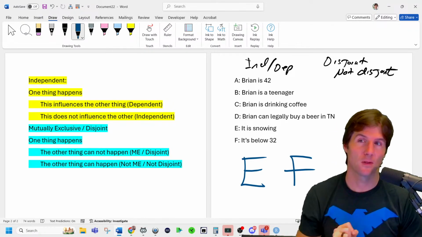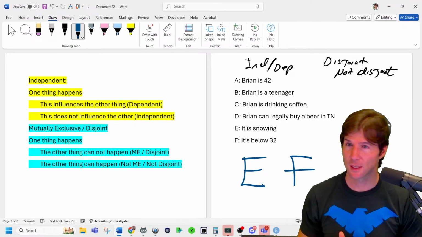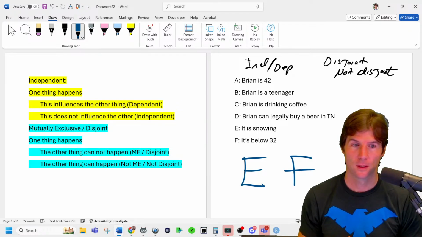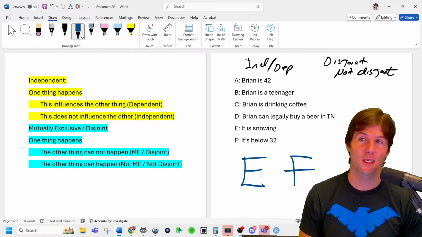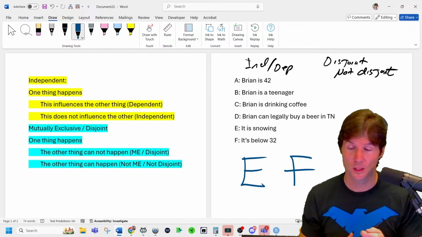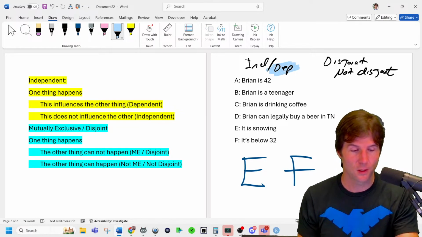So dependent means if it's snowing, is it more likely or less likely to be below 32 degrees? They are dependent because snow would depend on the temperature. And then you have to ask for the next one, could it be snowing and could it be below 32 degrees? So in this example, I'm going to change it in 1 second. This is dependent and this is not disjoint.